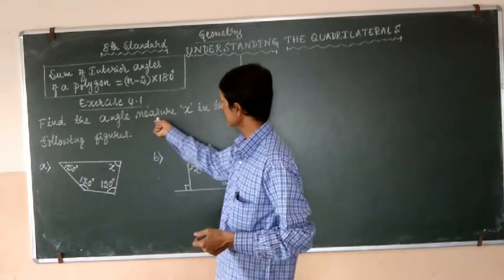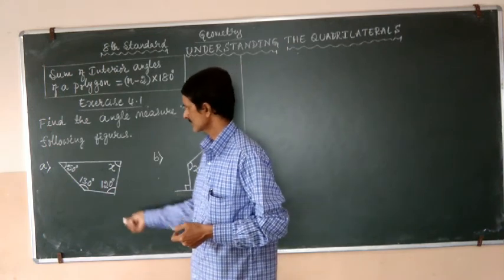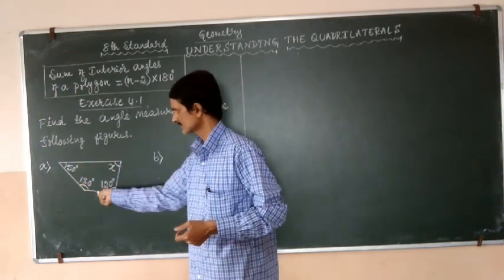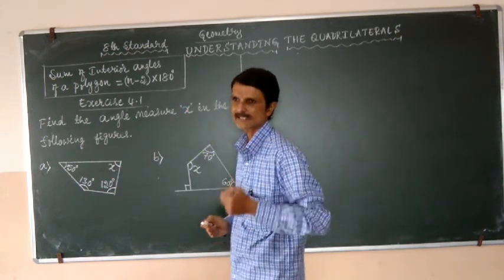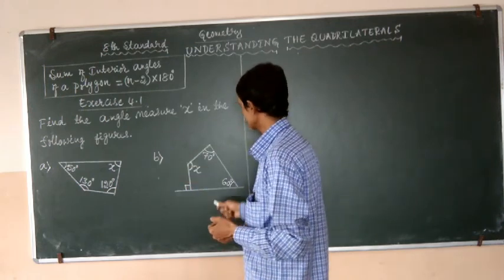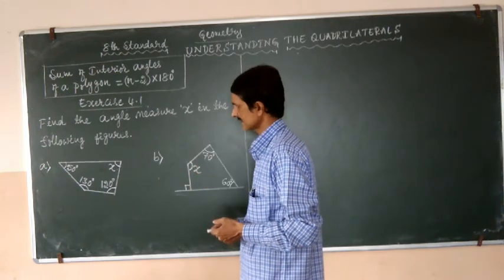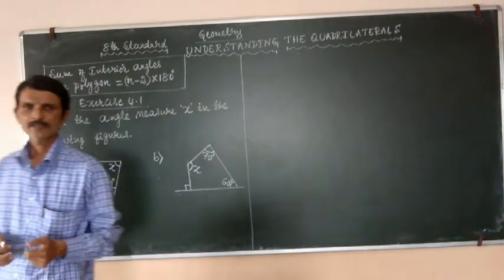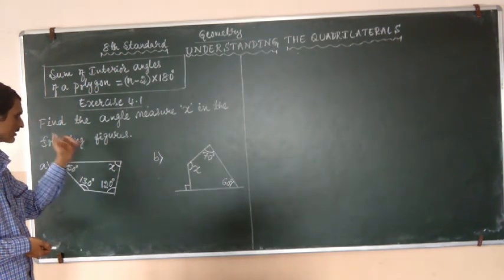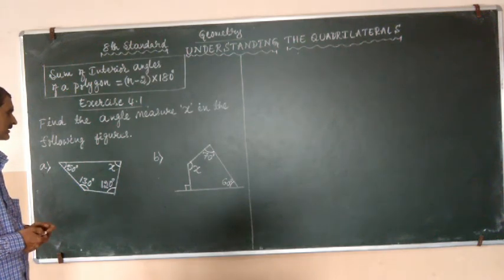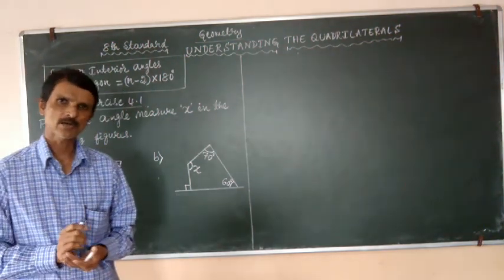In the first figure, we have to find the value of x, that is, the measurement of the angle. Similarly, in the second figure also, we have to find the value of x in the given polygon.